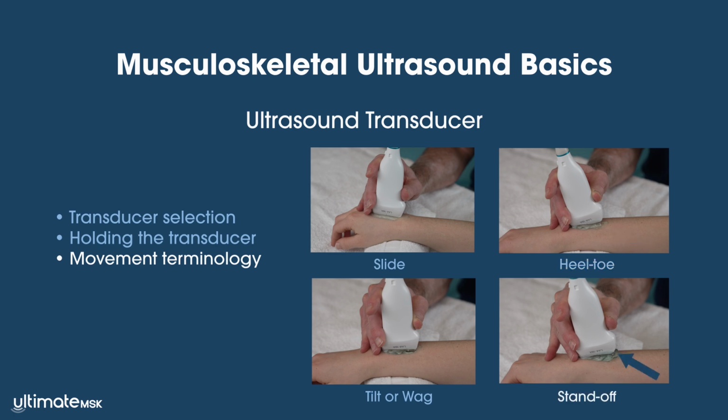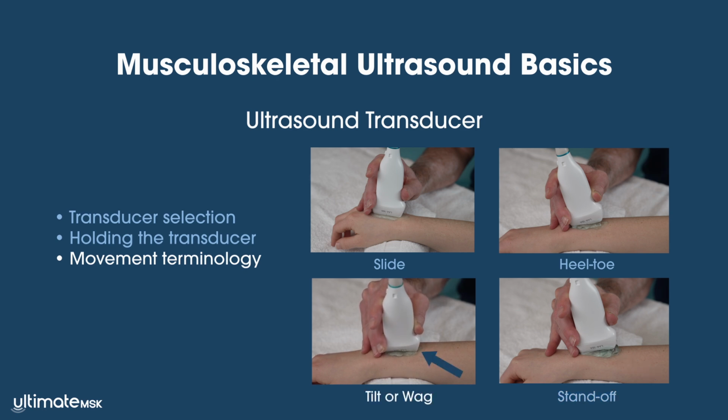When the transducer is lifted slightly off the skin while maintaining contact with the help of ultrasound gel, it is termed a standoff technique. Angling the transducer in its short axis, away from 90 degrees, is known as tilting or wagging the probe.